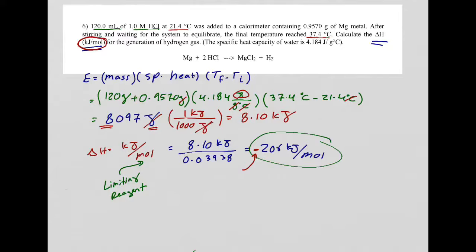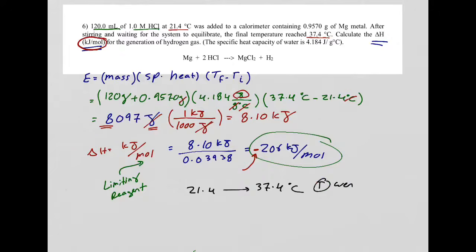And that really matters. Now, here's the other way to look at this. What happened to the temperature? Do you agree the temperature went from 21.4 to 37.4 degrees? So the temperature went up.